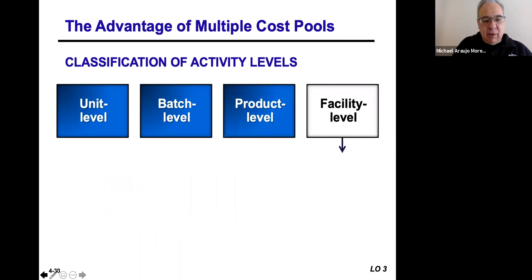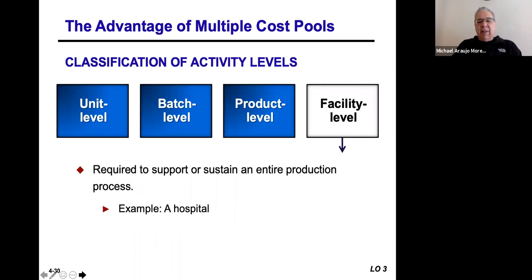And it gets bigger here with facility level. In this case, the entire production process needs to be supported and maintained based on the facility. So whether that's a whole factory, or your book has the example of a hospital, you're looking at everything that's revolving around the actual facility would be how to classify those types of activity levels.